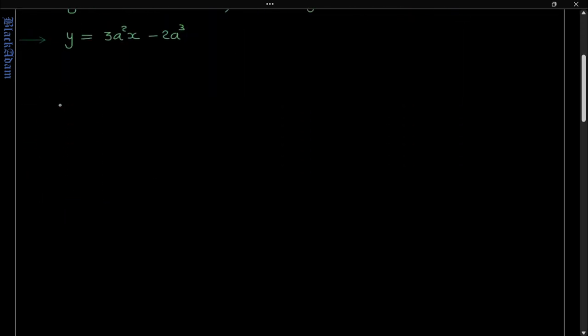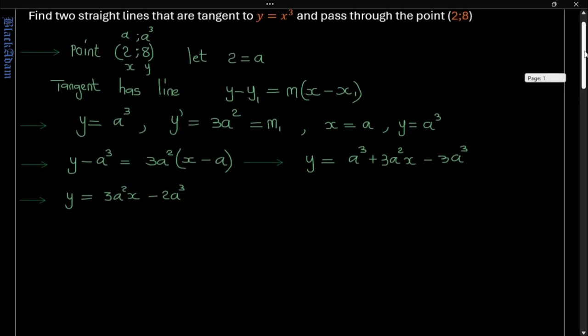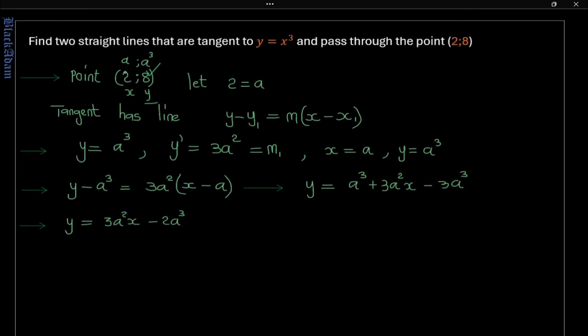Alright, then from there we substitute the values of a, x and y. So y is 8, and x is 2: 8 equals 3a squared times 2 minus 2a cubed. That will give us 8 equals 6a squared minus 2a cubed, since 3 times 2 is 6.